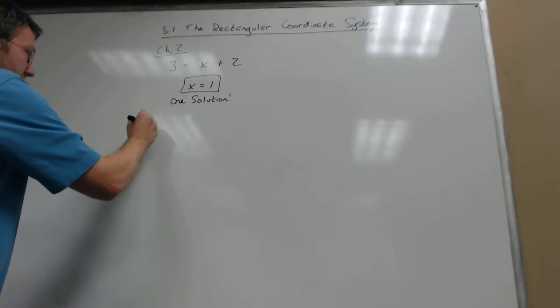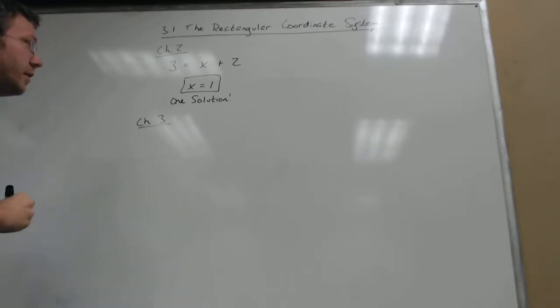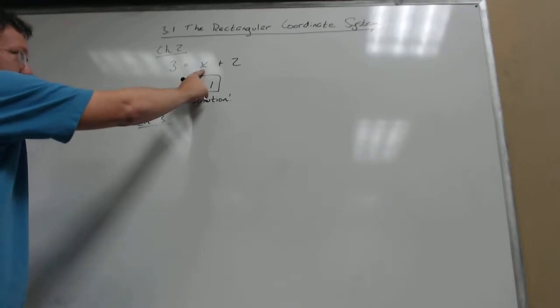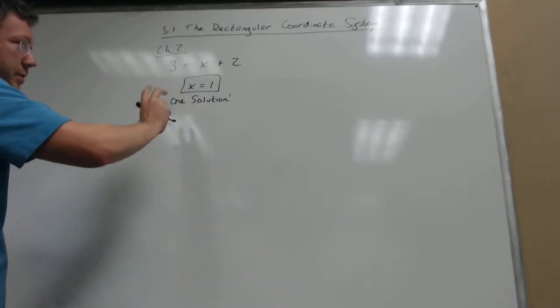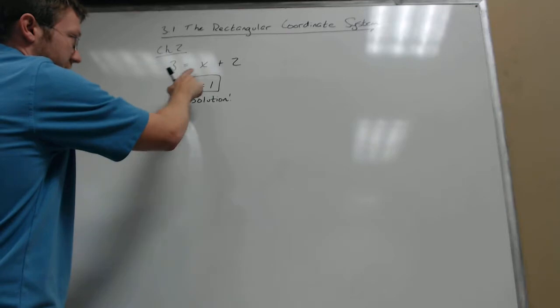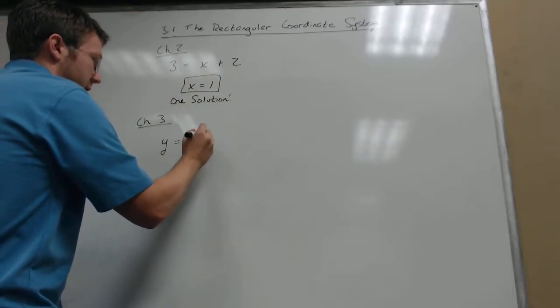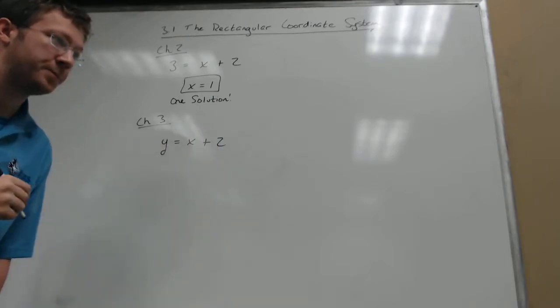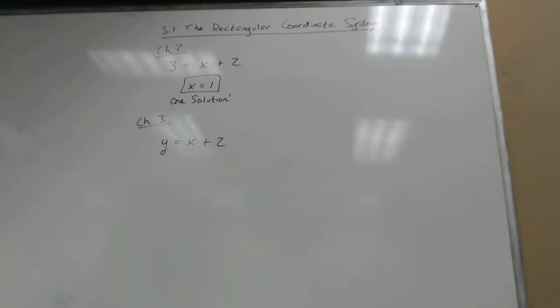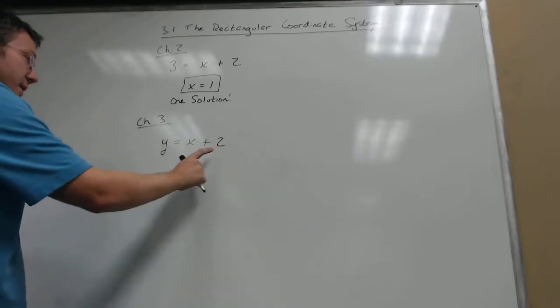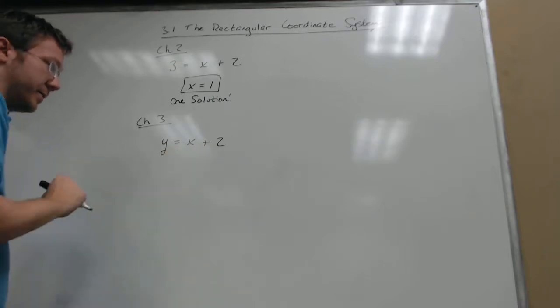All right, chapter 3, we're going to adjust this problem slightly, and instead of one variable, just x, now I'm going to have two variables, an x and a y. So I'm going to change this equation to something like y equals x plus 2. In chapter 3, we're going to be looking for solutions to this type of equation with two variables.